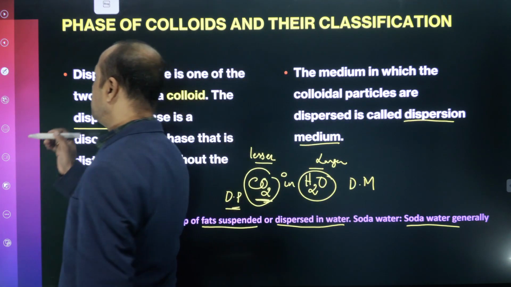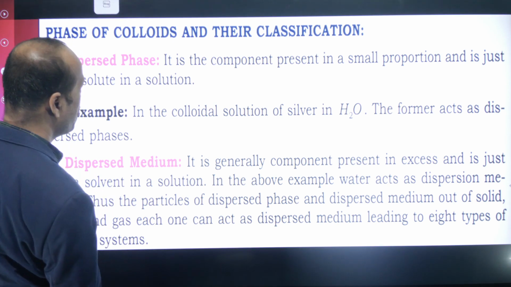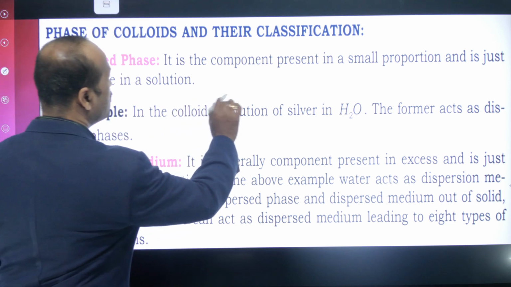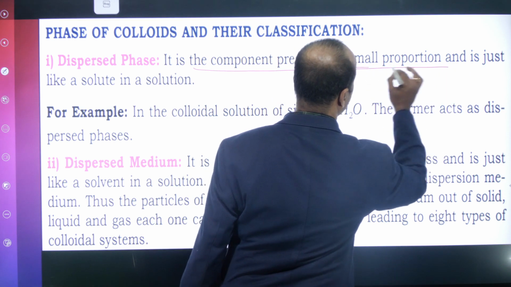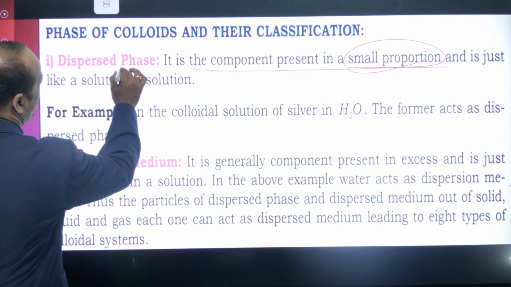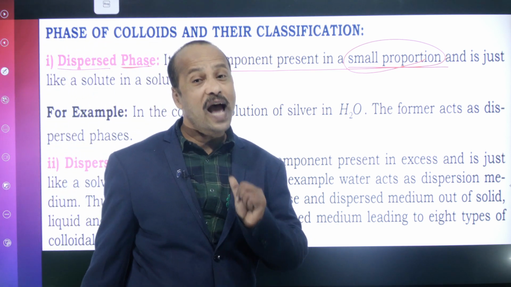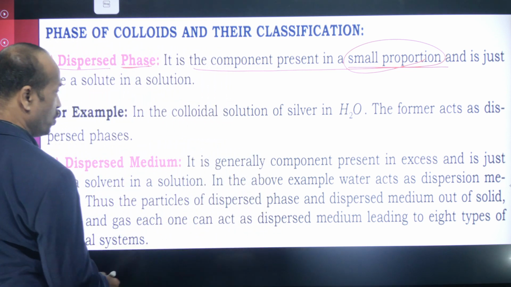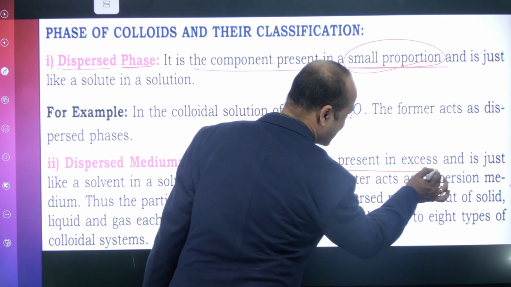Clear? Okay. Now the same definition, see how it is written in your material. Dispersed phase and dispersion medium. A component present in a smaller portion is called the dispersed phase. This is a very important point to remember. Now, the dispersion medium is generally the component present in excess.